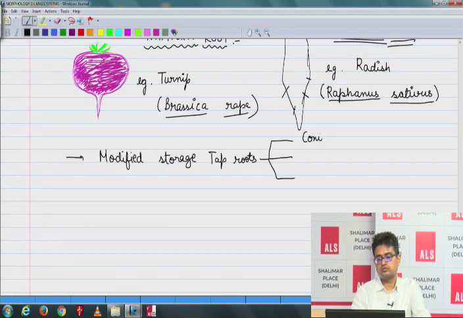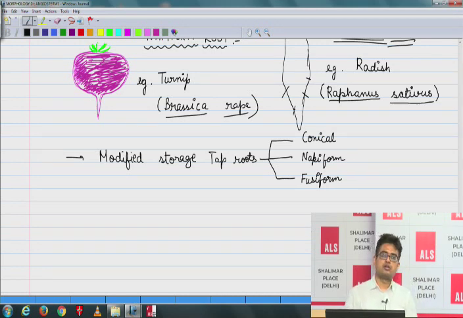Conical, napiform, fusiform root. Okay. Napiform root you can also see in chukandar, basically beetroot, Beta vulgaris.